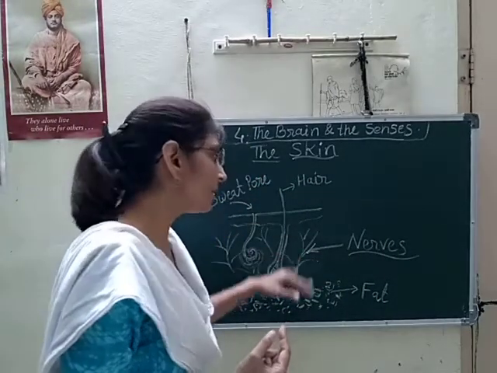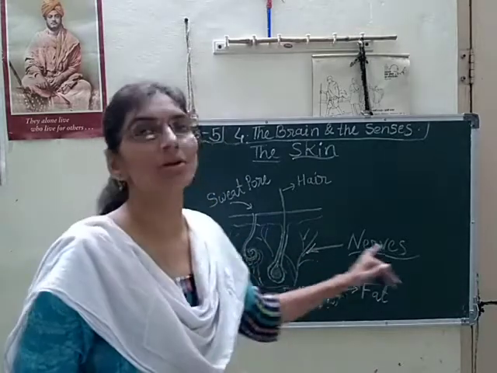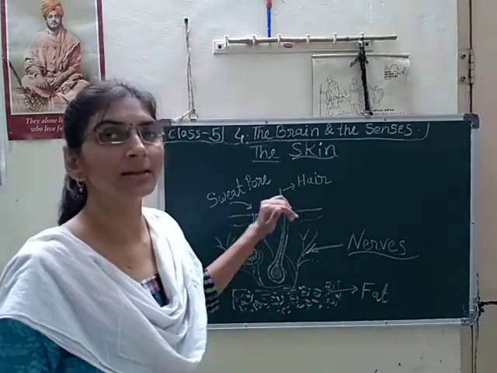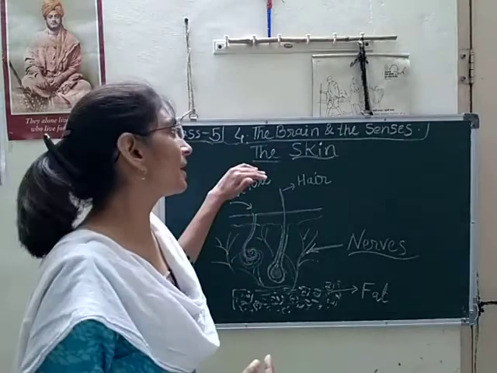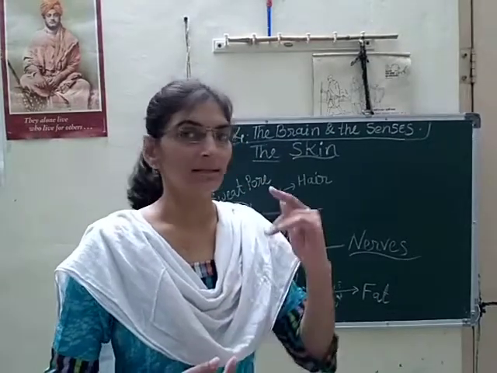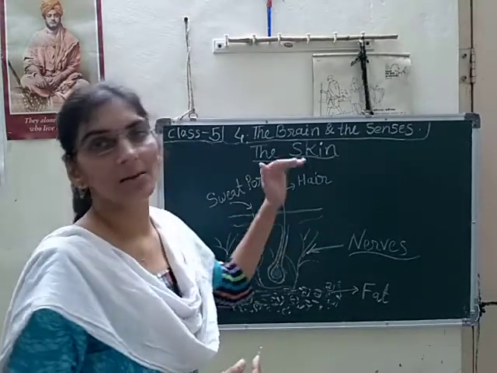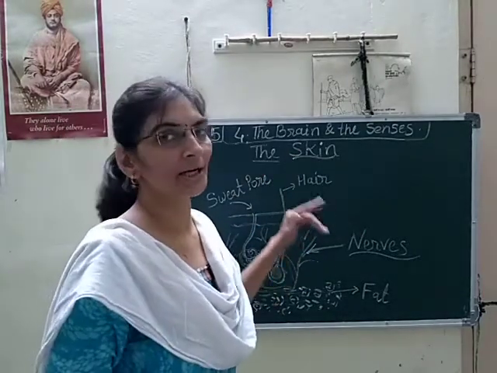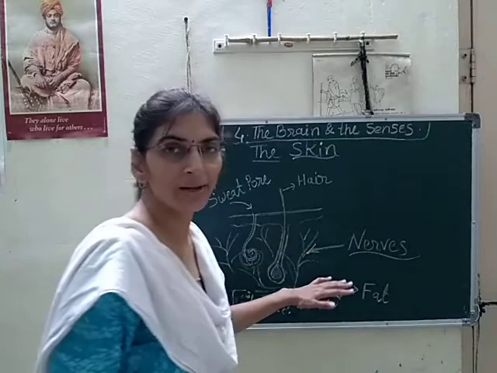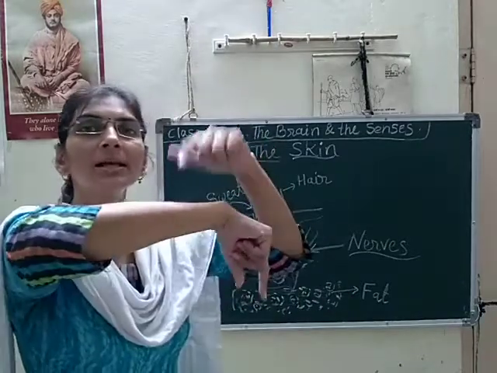Inside our skin also there are nerves. And the nerves which are related to the sense organ are called receptors. So here receptors means the nerves related to the skin. These are present inside the skin.